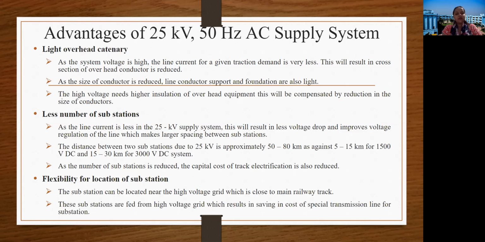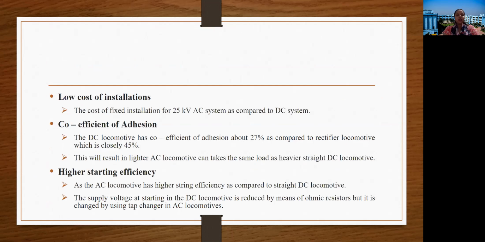These substations are fed from high voltage grid, which results in saving in cost of special transmission line for substation. Again, there is a savings in cost. Next, low cost of installation. The cost of fixed installation for 25 kilovolt AC system is very much lesser compared to DC system.